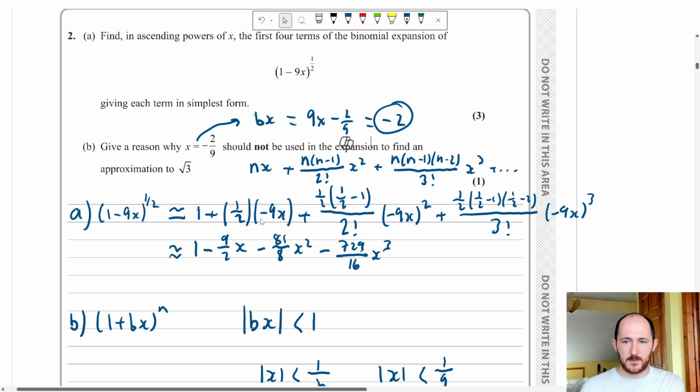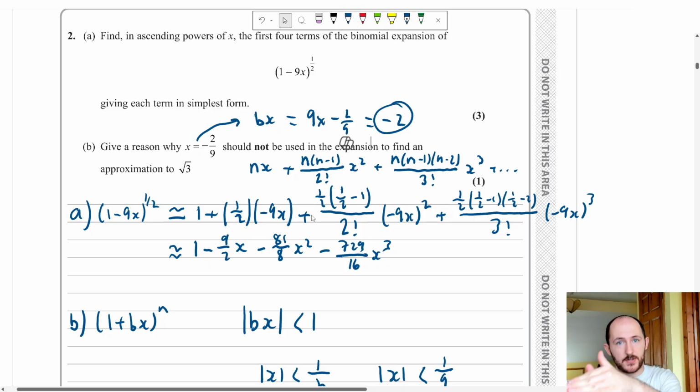Right? So for example, minus 9 times minus 2 over 9 is going to give me positive 2. That's going to give me positive 2 squared. That's going to give me positive 2 cubed. The problem with that is that means that each of these terms are getting bigger and bigger and bigger, which means the binomial expansion is a divergent series.